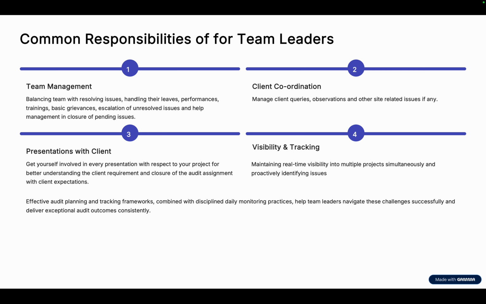So as a team leader, this is your responsibility to maintain a good team structure with respect to communication, performances, and grievances. And if there is something unresolved, which you think is beyond your control, then please escalate the same to the higher management to avoid any further or big issue among the team members.